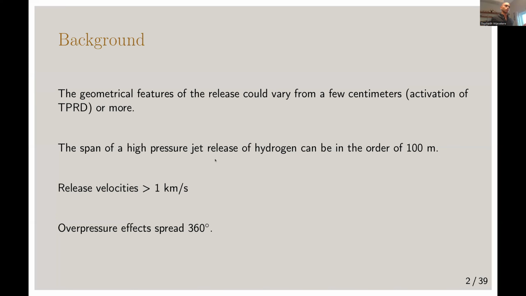So the cloud is actually flammable over a longer span. And often the release velocities will be extremely high, and it could even be more than 1 kilometer per second, depending on the storage pressure, of course. And as we all know, the overpressure effects will spread 360 degrees across the domain. So it's not just a one directional phenomenon.